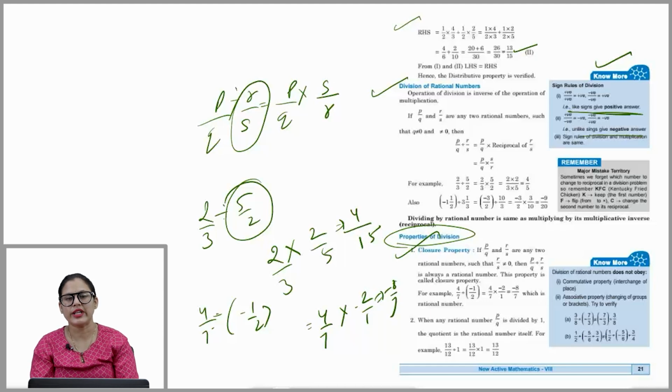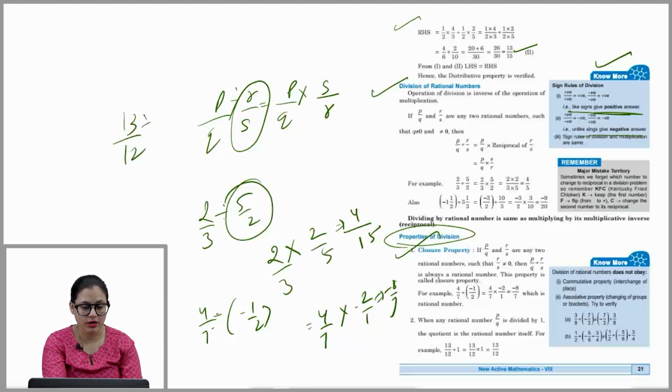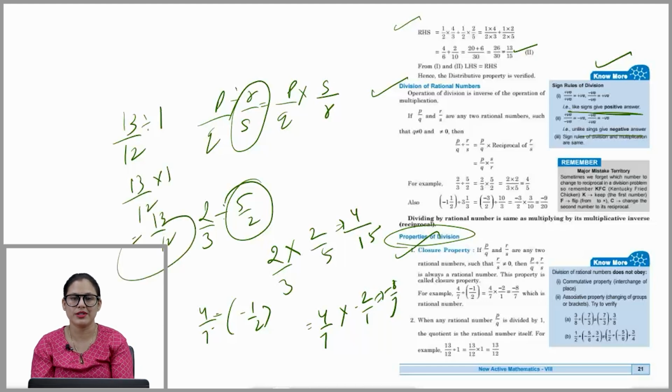And number 2, when any rational number P by Q is divided by 1, the quotient is the rational number itself. For example, 13 by 12 divided by 1. So, 13 by 12 into 1 is 13 by 12, the rational number itself.